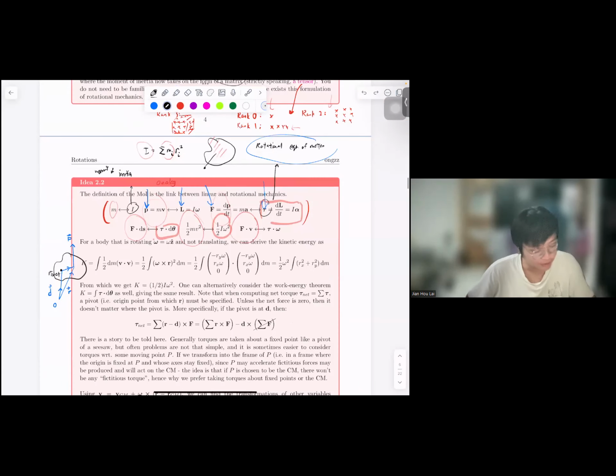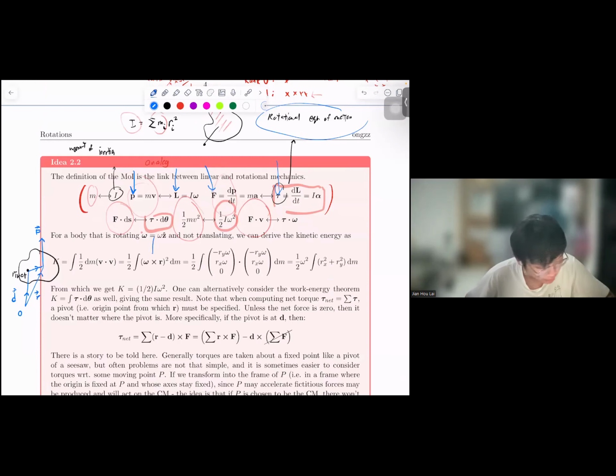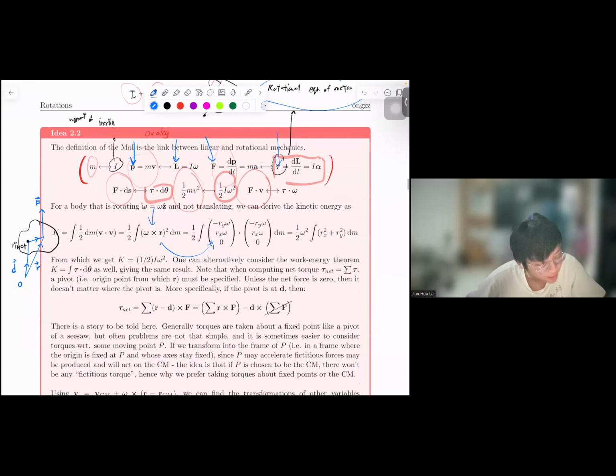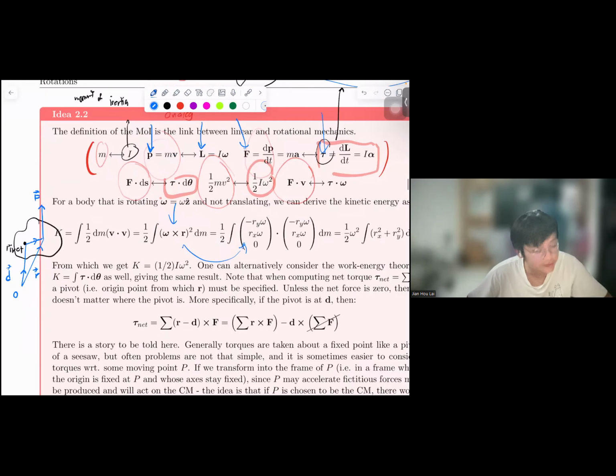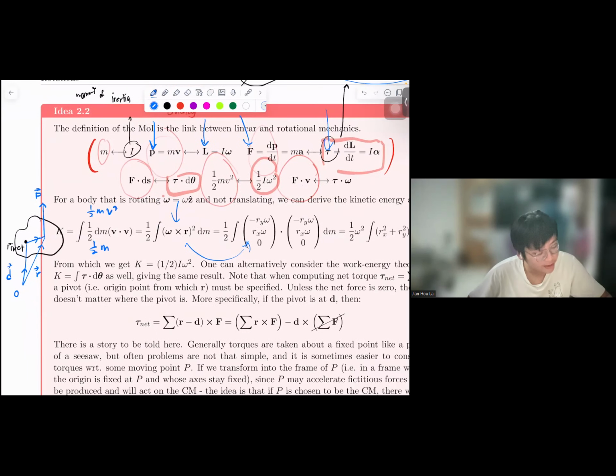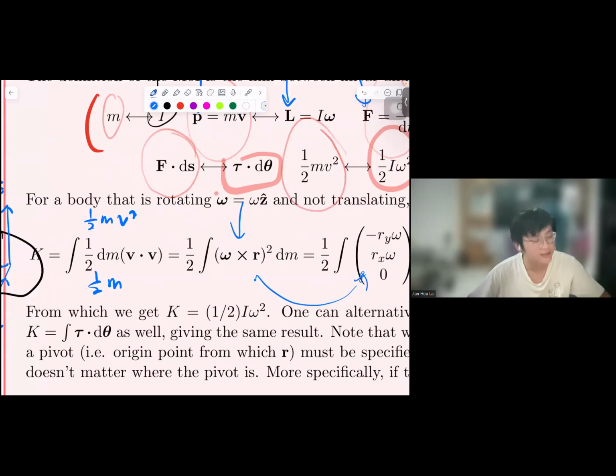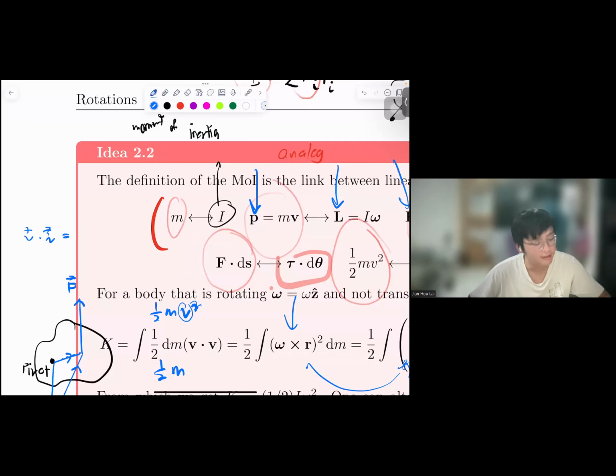Now the cross product. Let's say we have one over n v square. We define the vector way, because it's a magnitude square. So how about we take it as the dot product of it, where the dot product of the two is just v square.